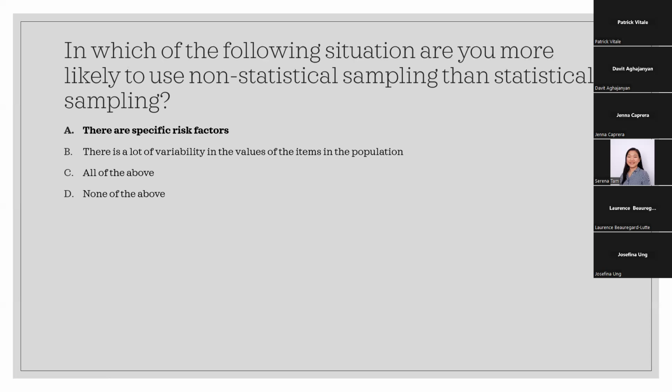That's a specific risk factor, so I'm going to be checking them out. But with variability, if an invoice is big, usually you could do MUS. Okay. Is that good, everyone?